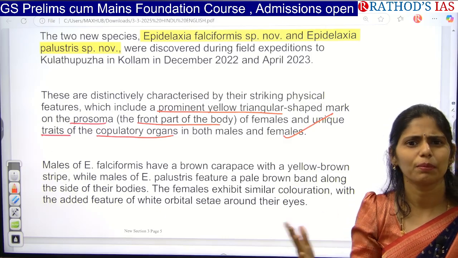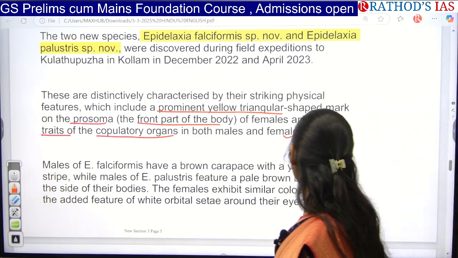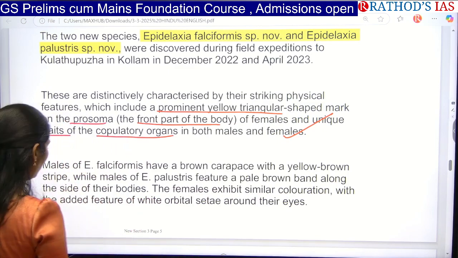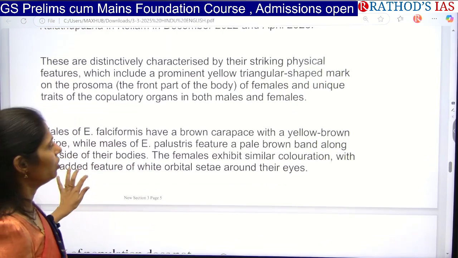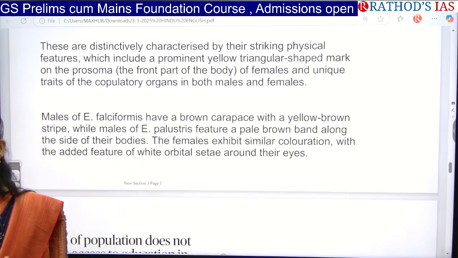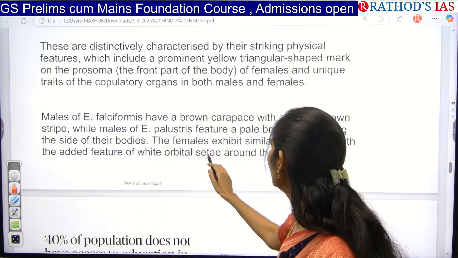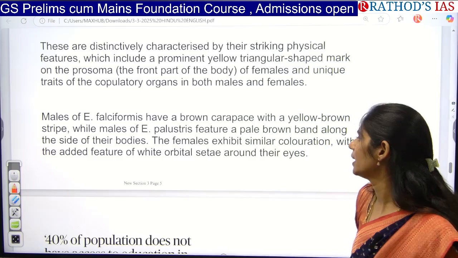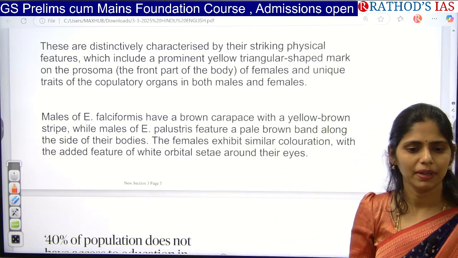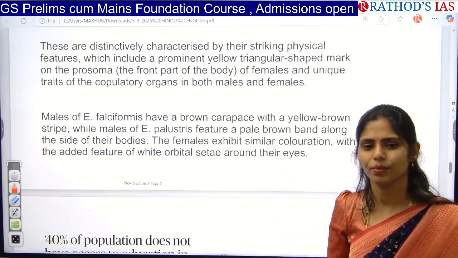Copulatory organs are nothing but the reproductive organs. Okay, so that is the thing. And there is no sexual dimorphism. Sexual dimorphism means after seeing them we can identify which is female and which is male. But here females exhibit similar coloration to that of males. So there is no sexual dimorphism.